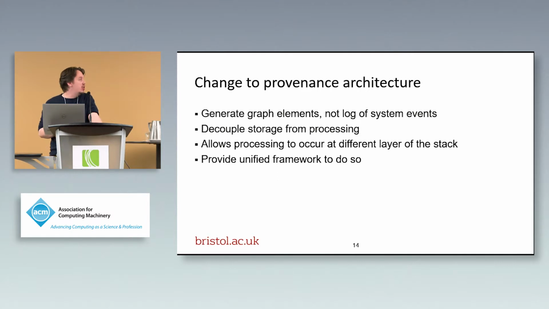Some of the changes we made to the architecture is for the capture mechanism to directly produce a graph element. Most systems before logged system events that were then transformed into a graph.